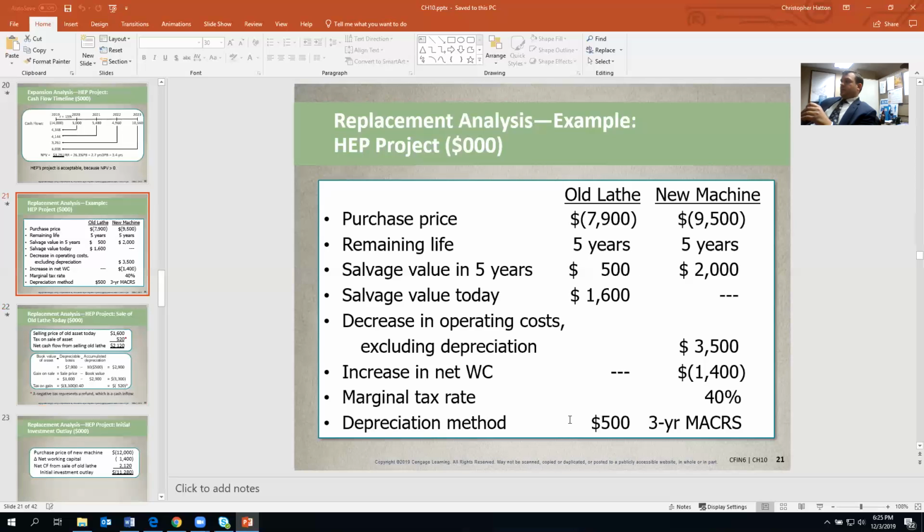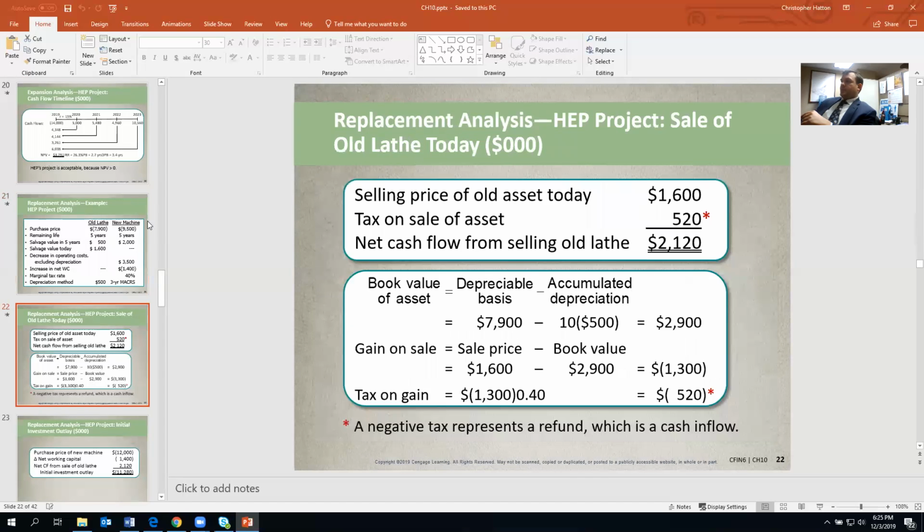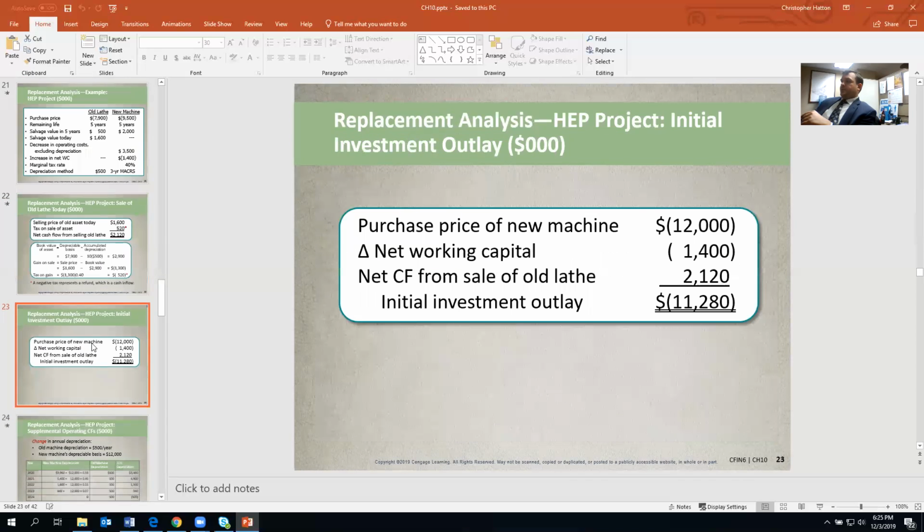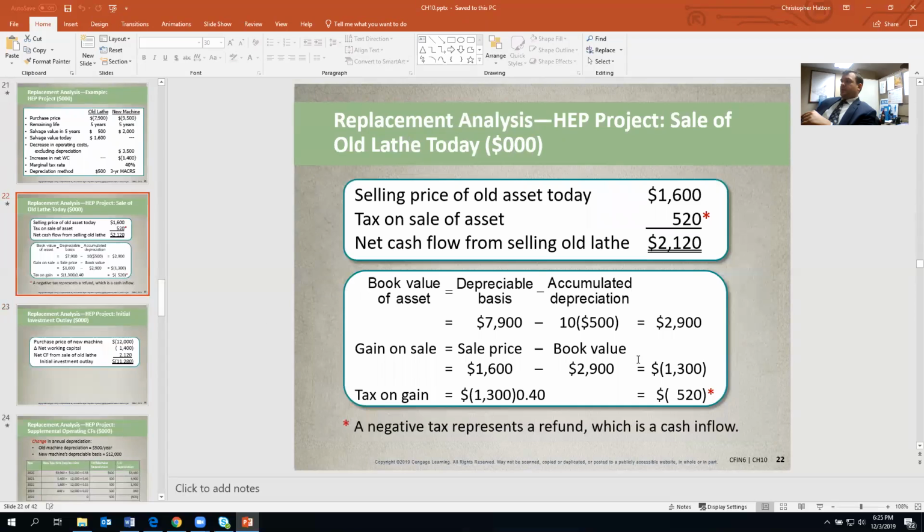So depreciation method 500, that means straight line if it's just a figure. But the new machine is 3-year MACRS, so that's going to be, let's see, this one. And then this is for the old project.